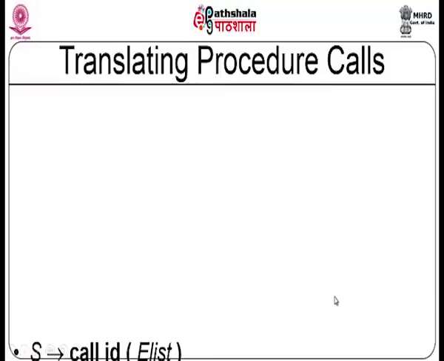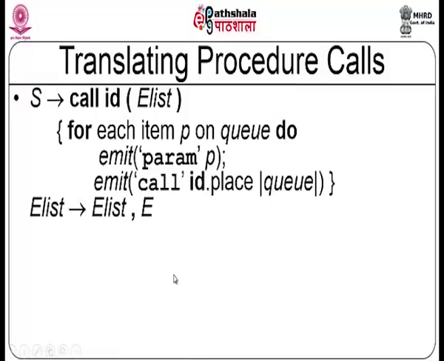Now, here this is the corresponding SDD for this one, that is for this E list the items are put into a queue. So, for each item P on Q, emit param P and then emit call I dot place in the queue. So, you emit param P means you emit param A, param B, whatever is the available list of parameters in the E list.